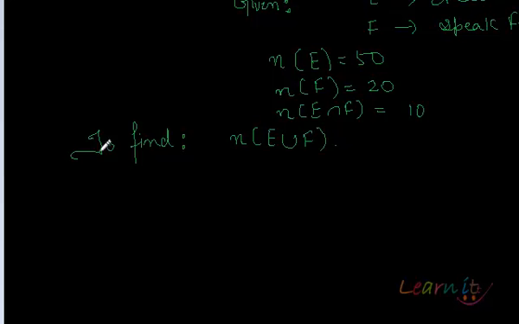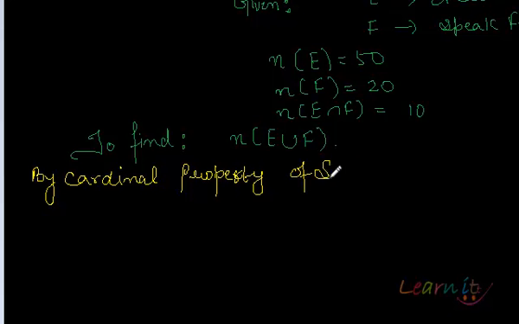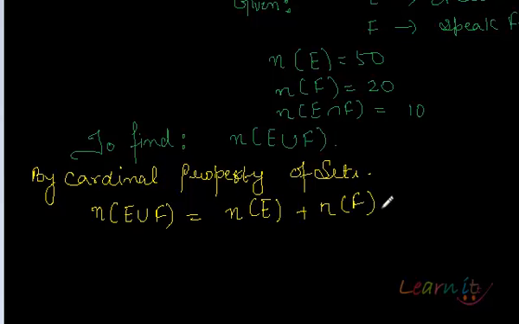Okay, now by cardinal property, sets have a cardinal property. So by that, you know that n(E union F) equals n(E) plus n(F) minus n(E intersection F).